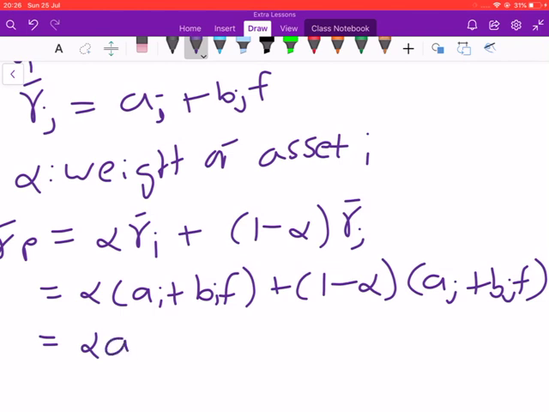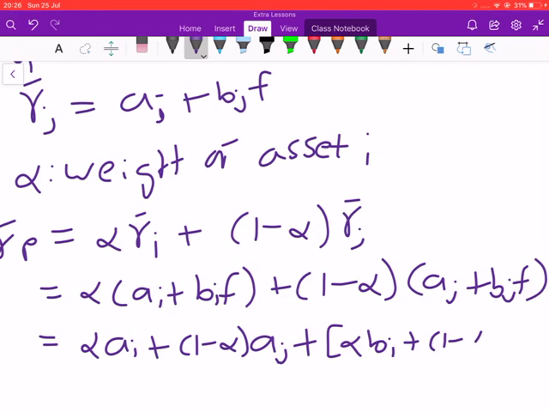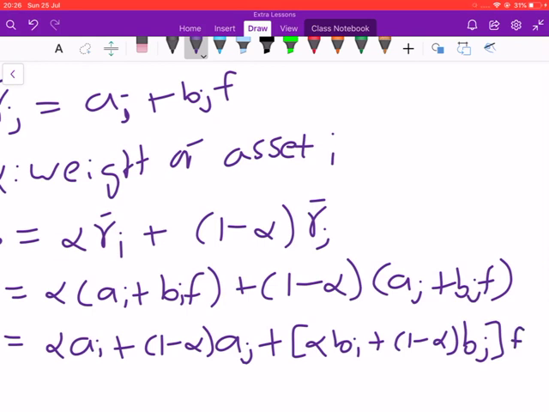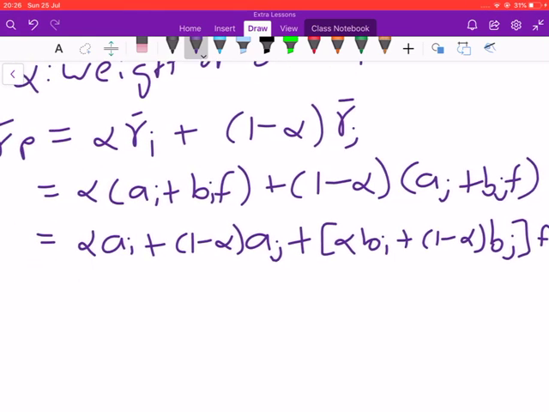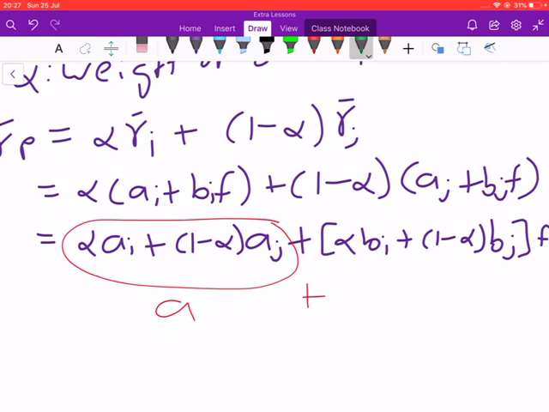It's going to be alpha AI plus 1 minus alpha AJ, plus the factor loading of this factor F. It's going to be alpha BI plus 1 minus alpha BJ, all multiplied by factor F. So if our factor loading is 0, you can just view this as your one big A and this as your one big B, right? So you can write it this way.